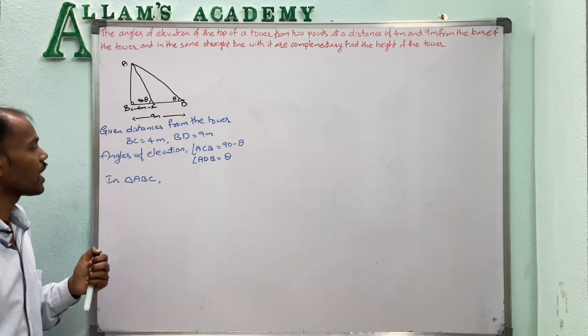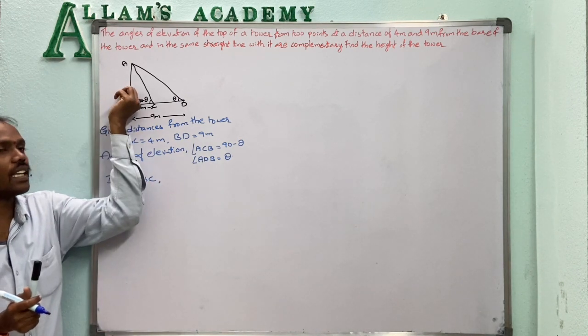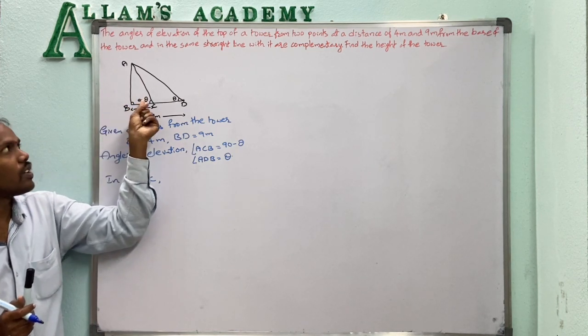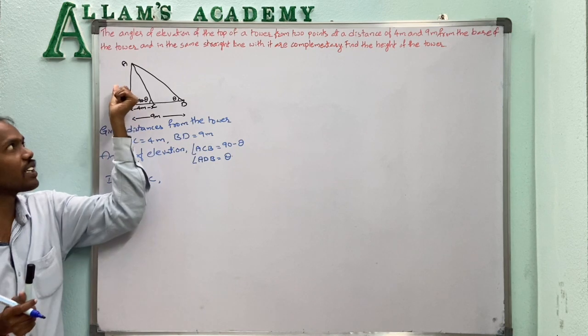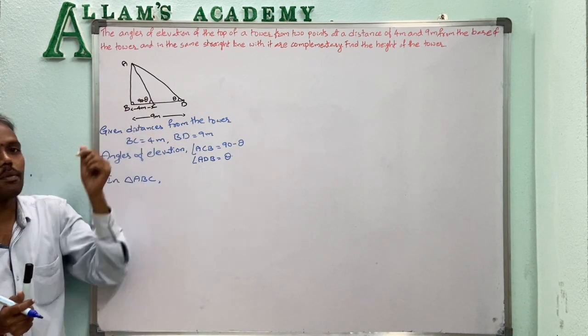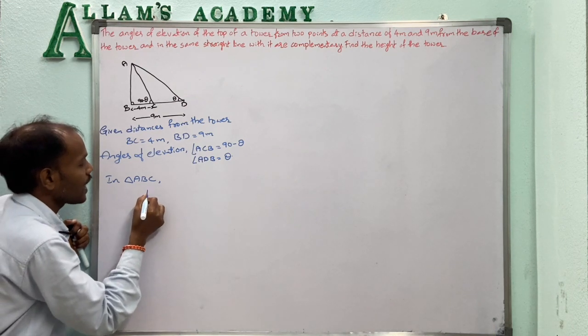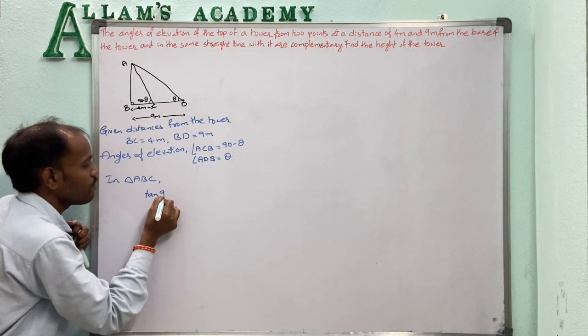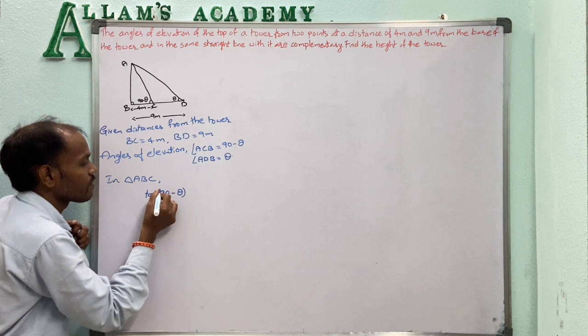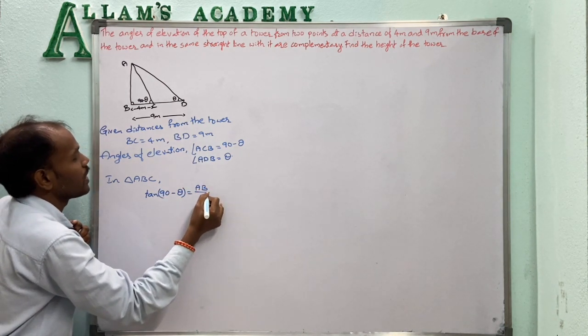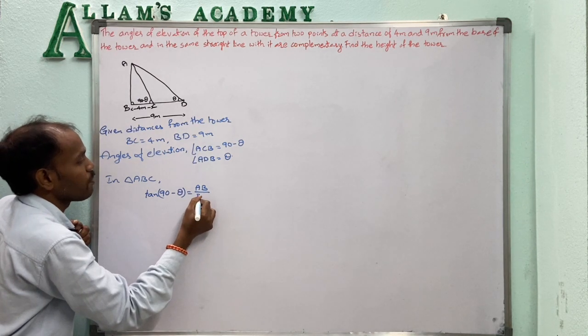Now in triangle ABC, here we want to find AB. We know the BC length. So here 90 minus theta degrees, AB is opposite, BC is adjacent. So we can apply tan. Tan 90 minus theta degrees equal to opposite side AB by adjacent side BC.